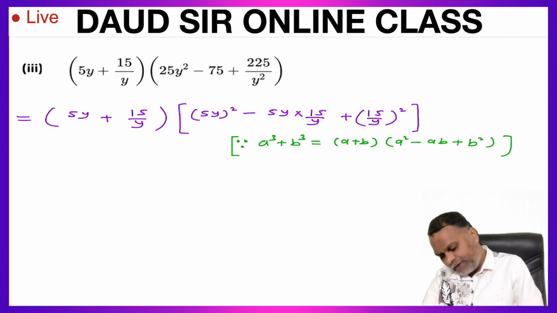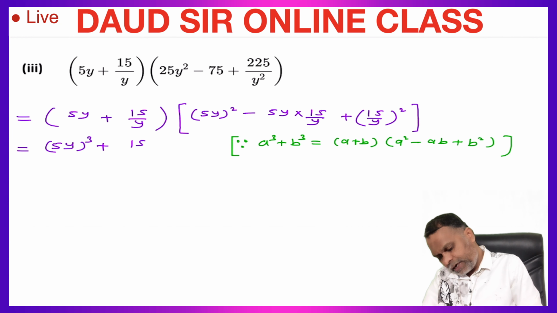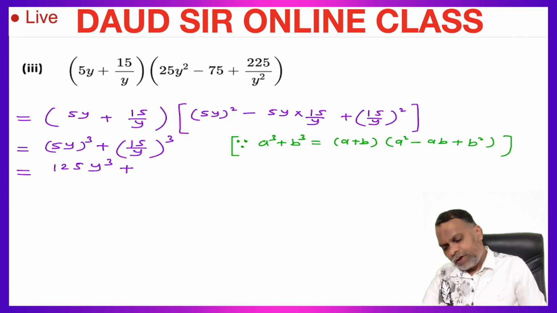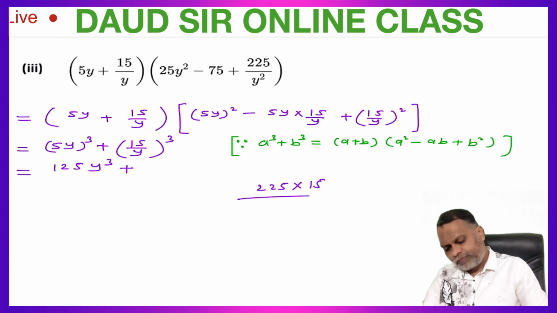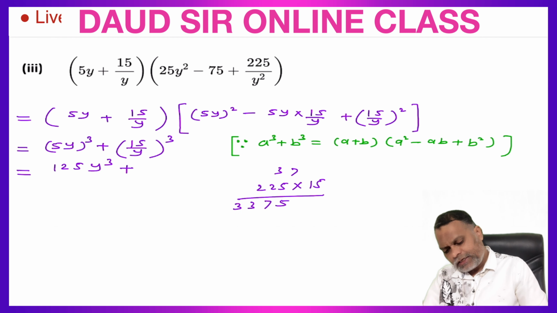So a is equal to 5y whole cube plus b is equal to 15 upon y whole cube, which is equal to 5 5s are 25, 5 25s are 125 y cube plus 15 cube, 15 15 15 into 15 225 into 15, 15 5s are 75, 15 2s are 30 plus 7 37, 15 2s are 30 plus 3 33, 3375. This is 15 cube upon y cube.